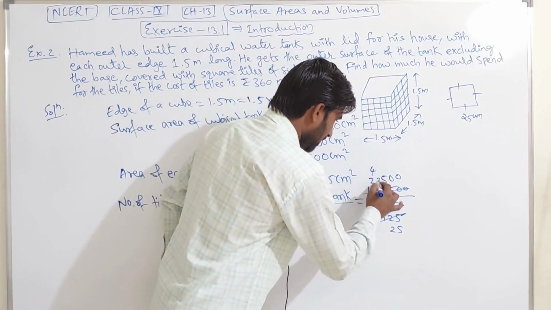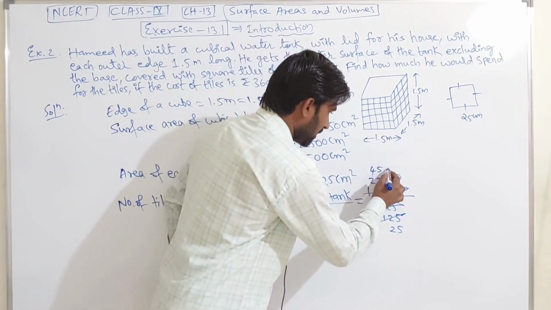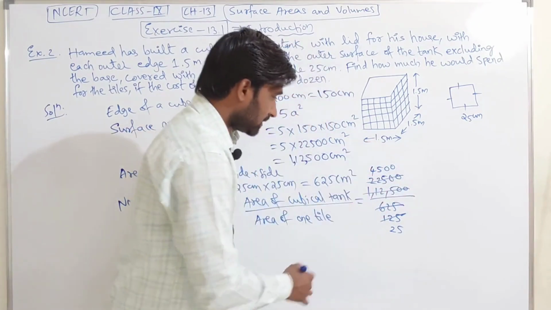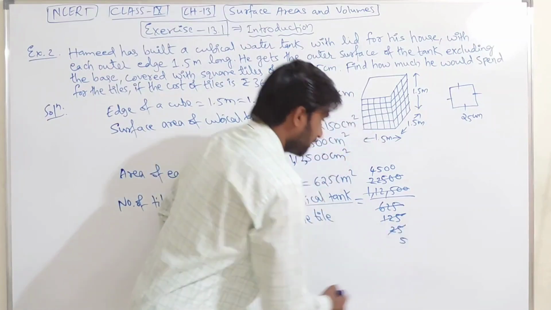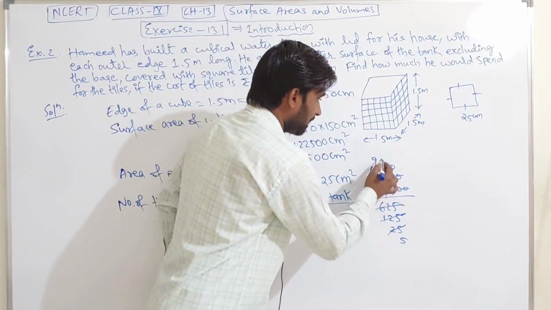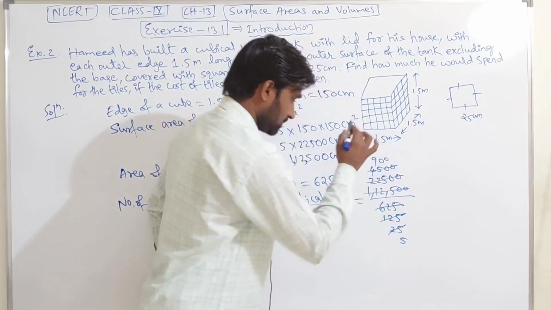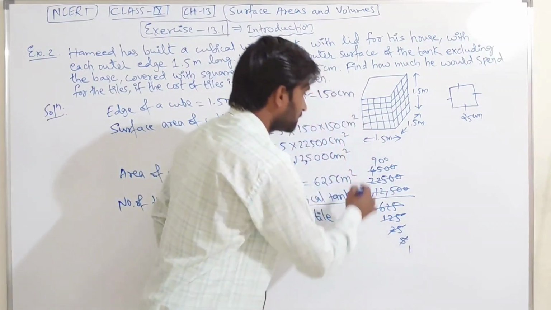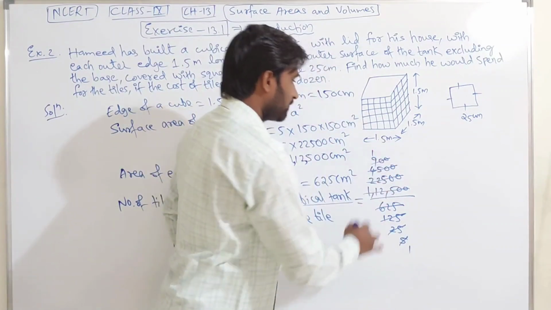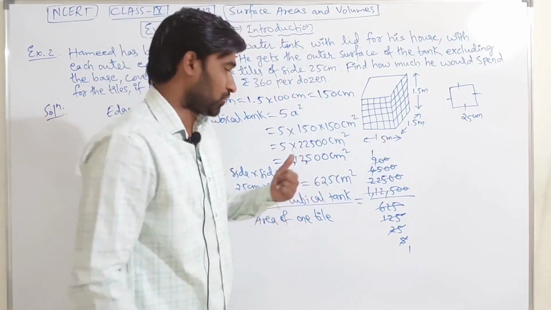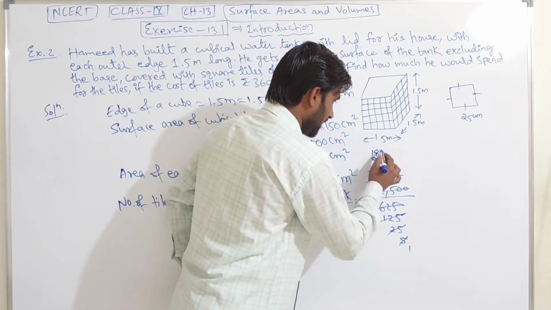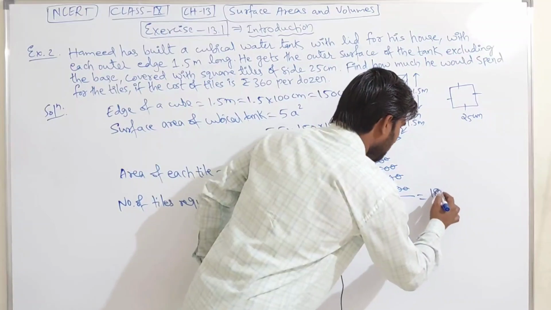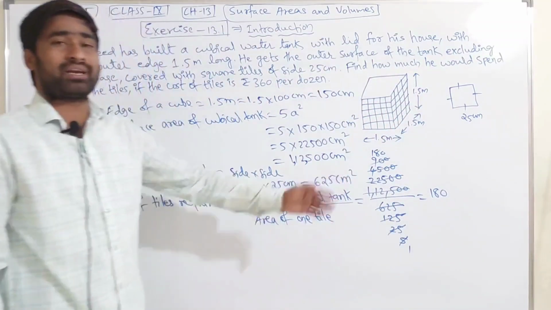Next 5 fours are 20, 5 fives are 25 and 2 zeros. Next 5 fives are 25 and 5 nines are 45 and 2 zeros. Next 5 ones are 5, and 5 ones are 5, then here 4 is left, 4 0 40, then 5 eights are 40 and 1 0 as it is. So the number of tiles required is 180.